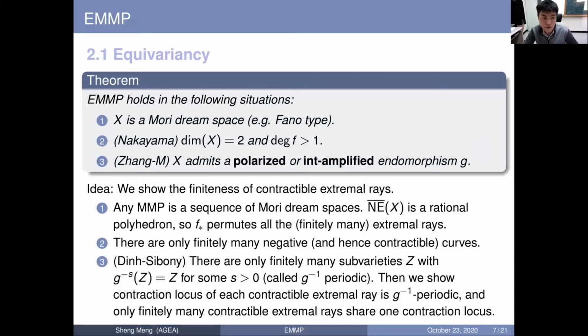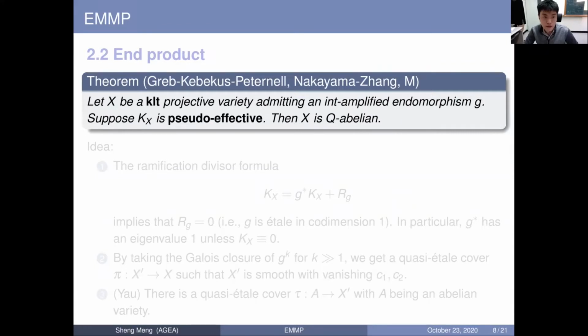Okay. As we have seen, if we use the special termination, although we have only finitely many steps, our end product has only a pseudo-effective canonical divisor.